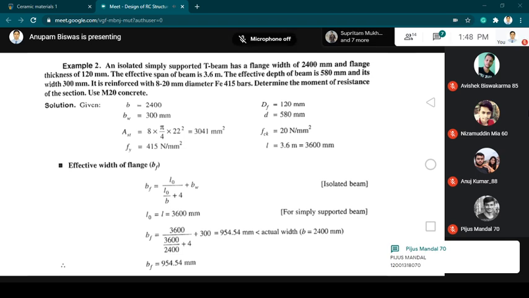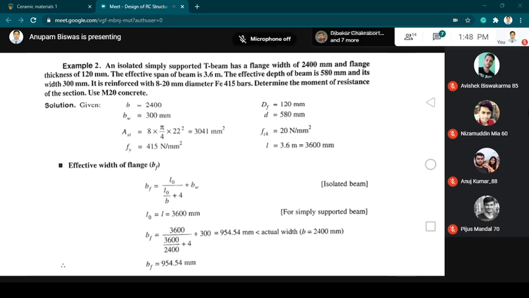And reinforcement values are given, 8 numbers 20 mm dia bar, Fe415 steel, and grade of concrete is M20. So moment of resistance is to be calculated. So we know that since all the values are given, fy, fck, Ast you can find out, and the value of bw is given, d is given, Df is given, and B is given, the overall breadth.